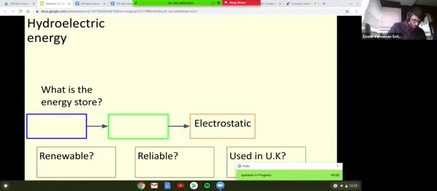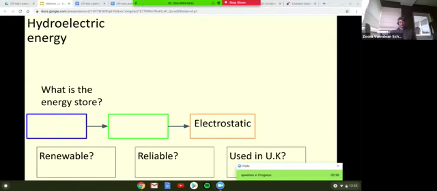So poll 2 is, which energy resource starts with gravitational potential energy? Is it A, a hydroelectric dam? Is it B, solar energy? Is it C, coal? Or is it D, nuclear energy? You might need to use your process of elimination for this one, guys.